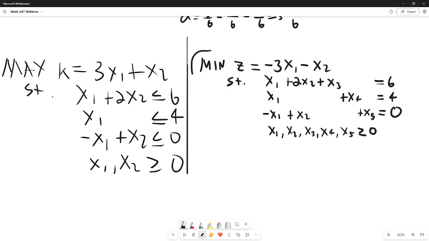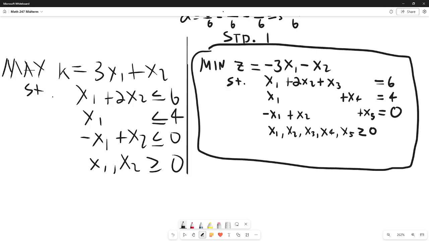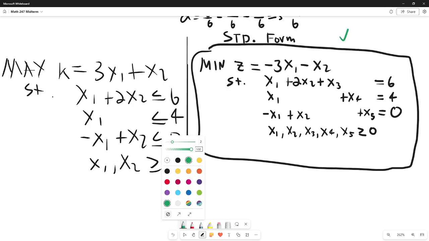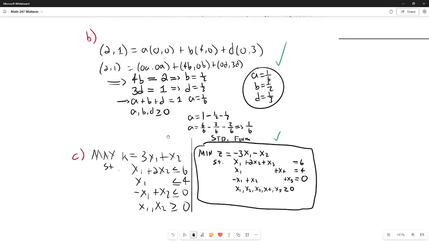And this is now in standard form. And this answers part C. And we're going to continue working with this.